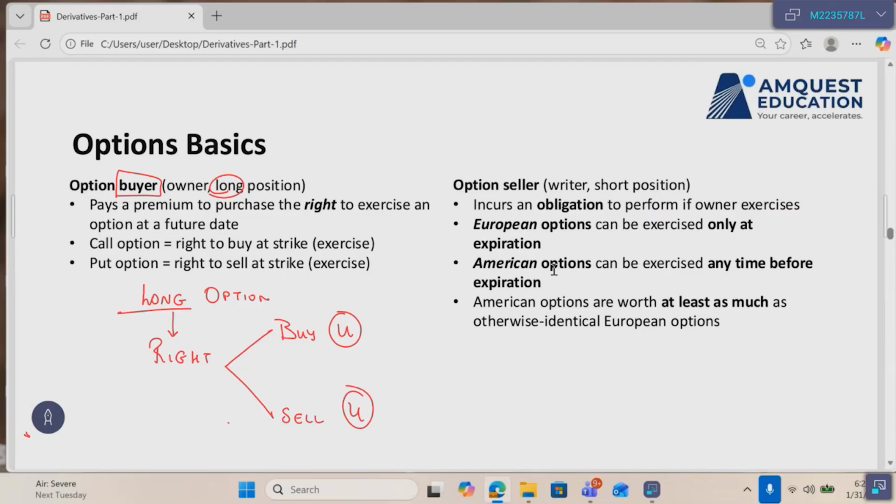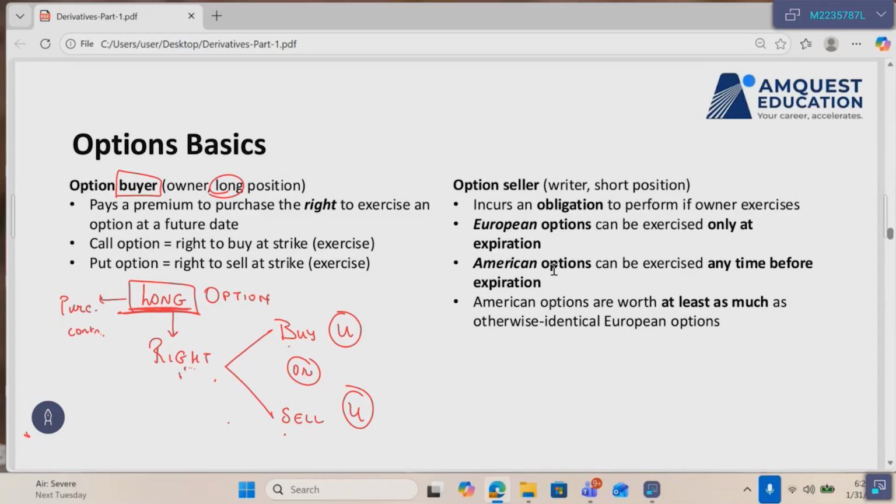But he has the right. That is important way to understand. That right could deal with buying or selling. Correct? If tomorrow he feels that no, it's not worth buying or it's not worth selling, he can back out. Why? Because he is long. And long is nothing but the fellow who has purchased the contract.